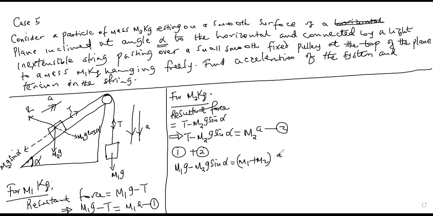Factorizing out a g here and dividing both sides by m1 plus m2, you shall have a as g into (m1 minus m2 sine alpha), everything over m1 plus m2.